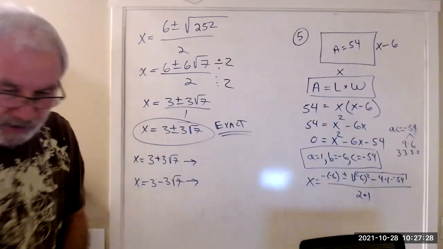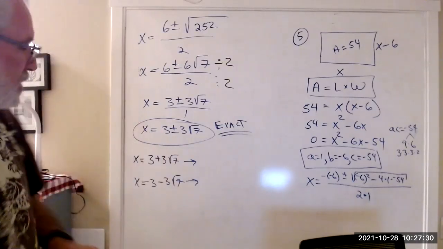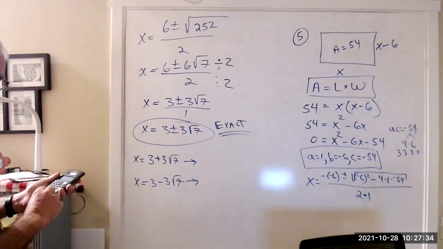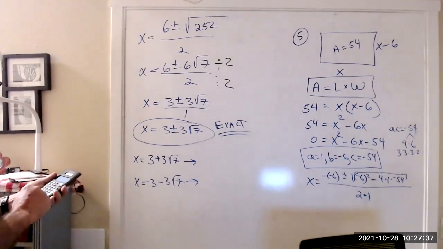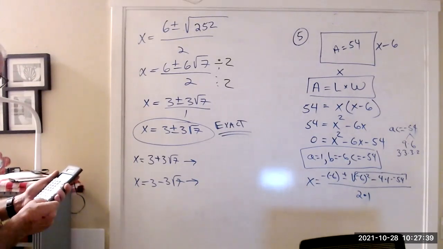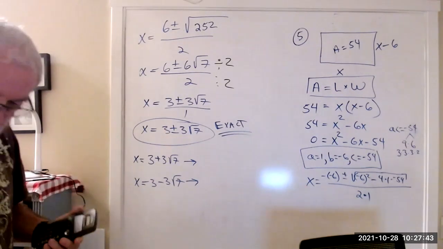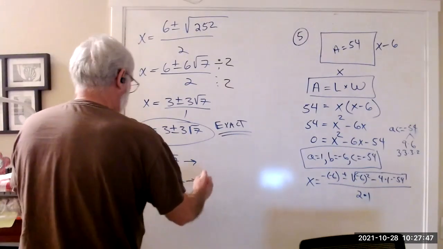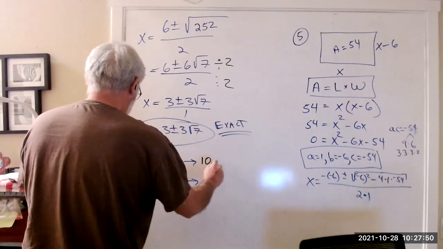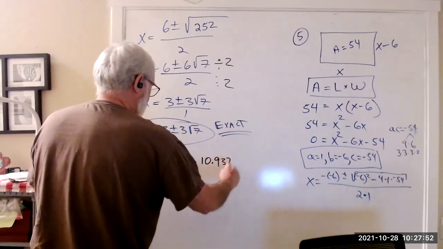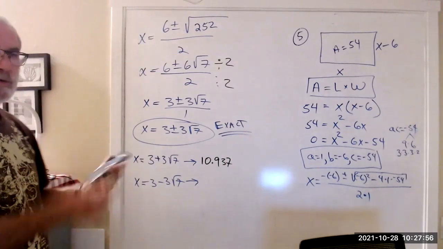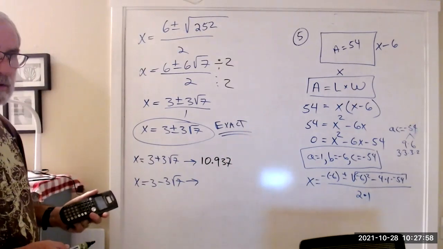Okay, so what did I get for this? Let me see what I got. 3 plus 3 radical 7. Okay, FD. So for 3 plus 3 radical 7, I got 10.937 something or other. I haven't told you what to round to, so we're faking it right now.